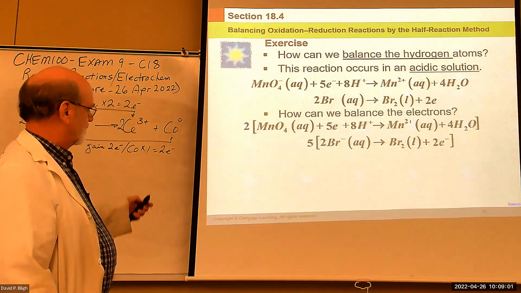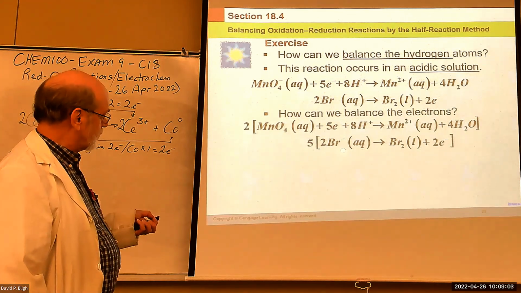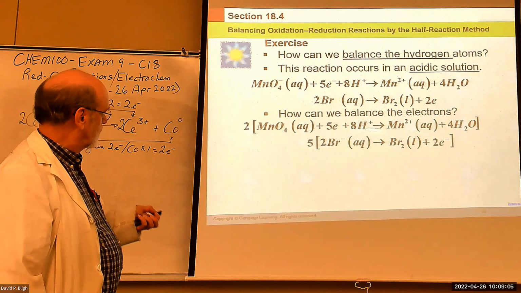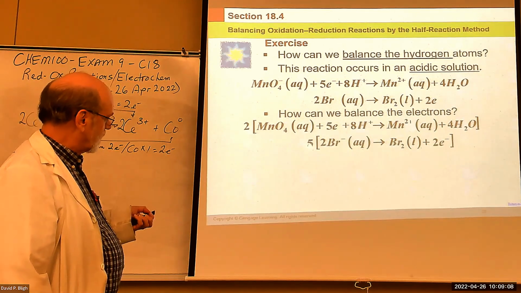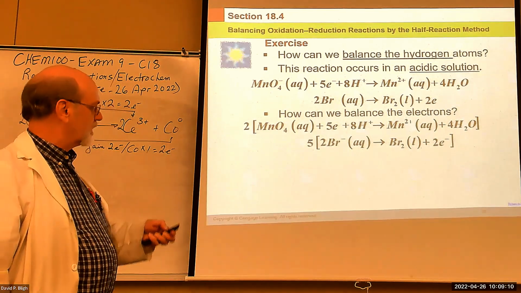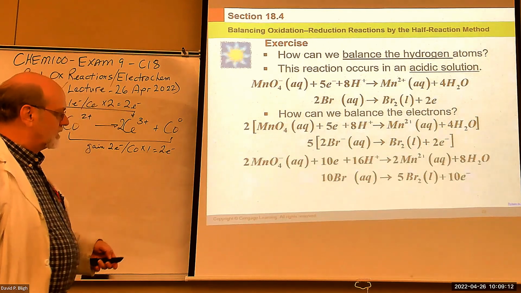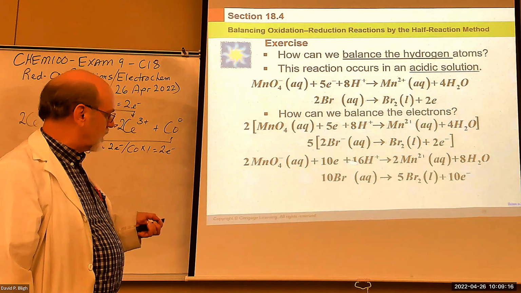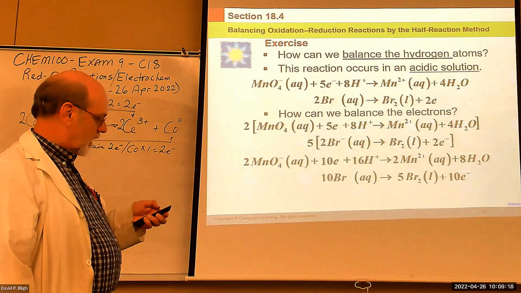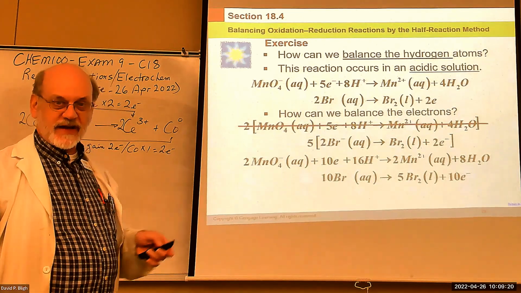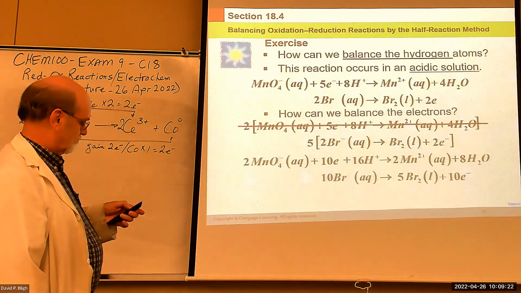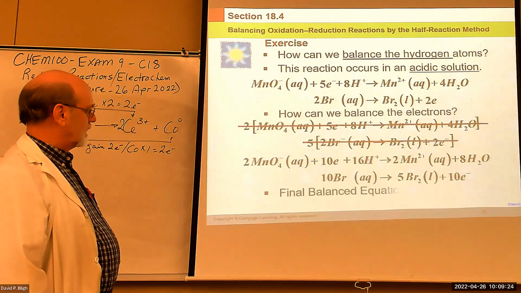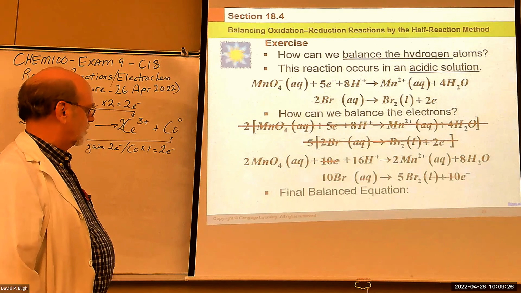So there's your 2 that came from down here, and your 5 goes down here. And we end up with these 2 modified equations with equal numbers of electrons. Now we just have to add them together and reconcile any redundancies.